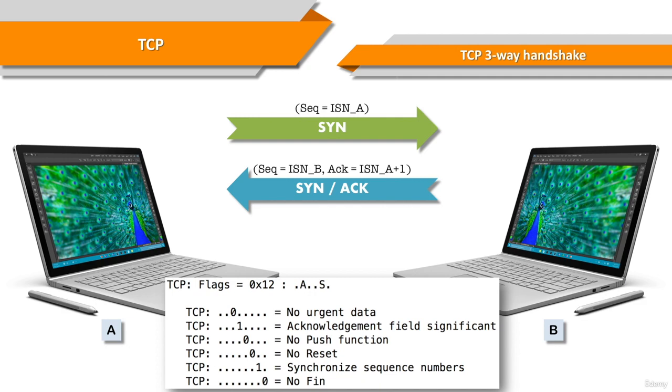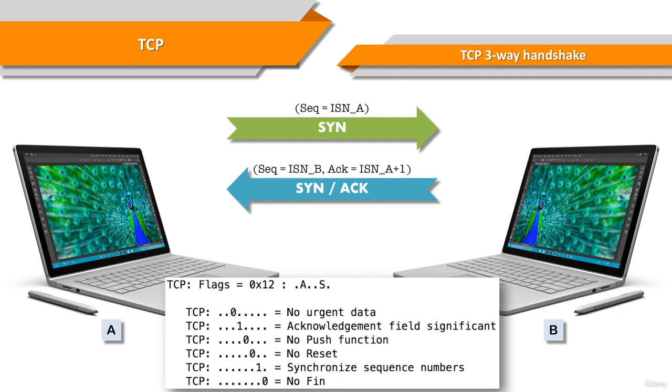This packet will have a sequence number of ISN B, a pseudo-random number assigned by machine B for this connection. The SYN-ACK packet will have an acknowledgement number of ISN A plus 1, indicating that machine B has acknowledged the SYN packet from machine A.